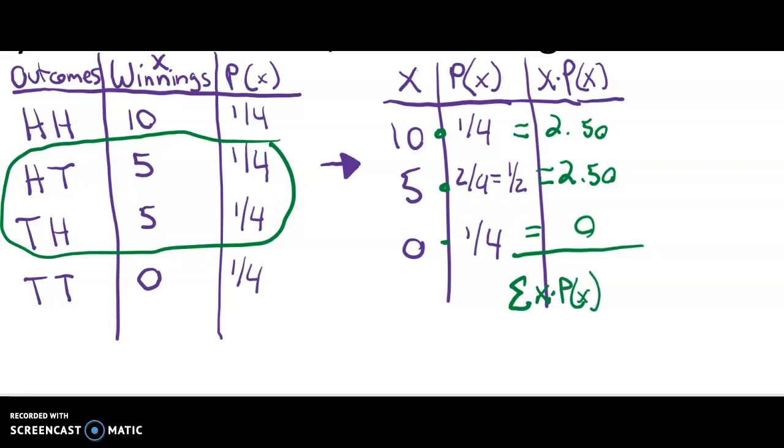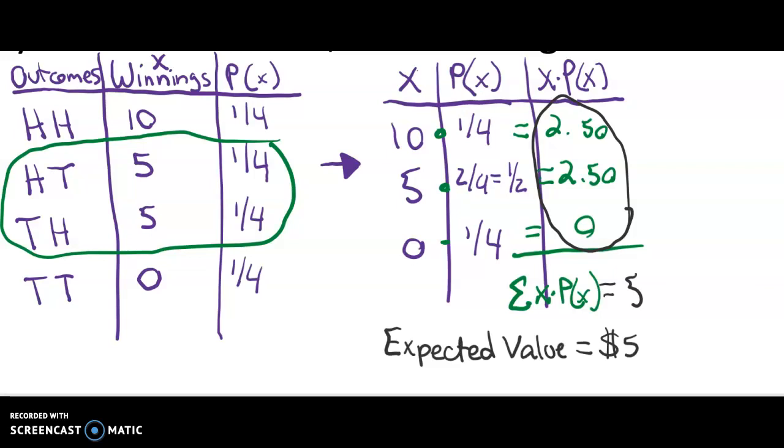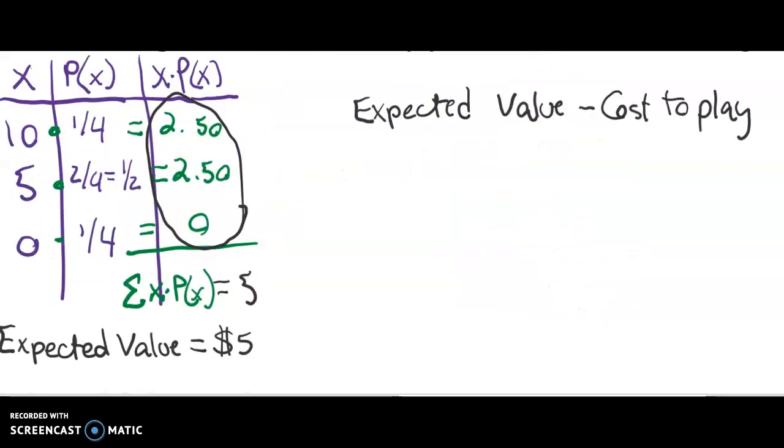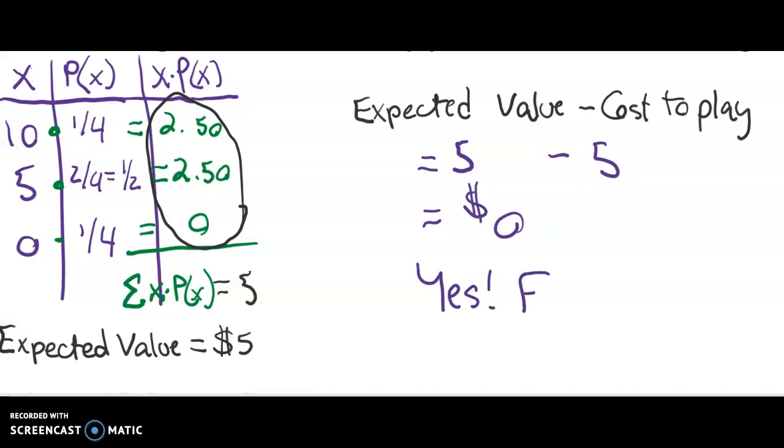That is simply the sum of the numbers in this column. And when we add them up, we get 5. The expected value is $5. We are asked if we have a fair game. To find that, you find your net winnings, your expected value minus your cost to play. Expected value is 5, and we paid $5 to play. So that gives us net winnings of 0. So yes, this is a fair game.